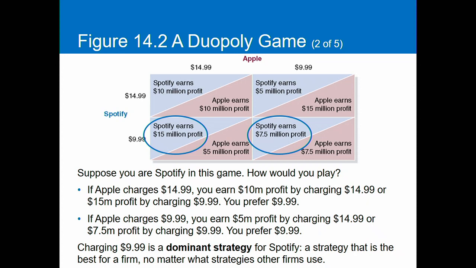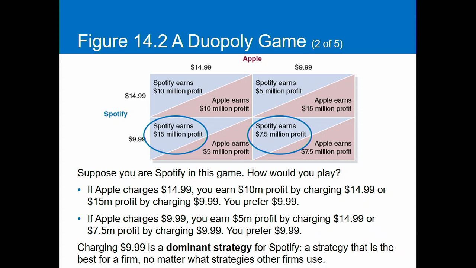If they do the $9.99 or $10, they'll earn $15 million in profit. So they earn a higher profit if they sell at $9.99 if Apple chooses the higher price. If Apple chooses the lower price, $9.99, Spotify will earn $5 million profit selling at the higher price of $14.99, or they'll earn 7.5 million in profit selling at the lower price.